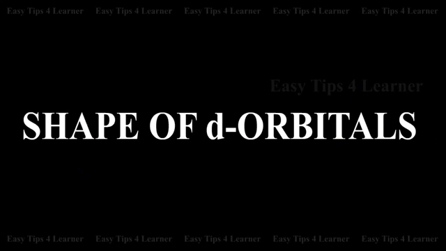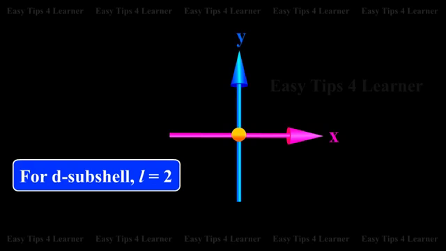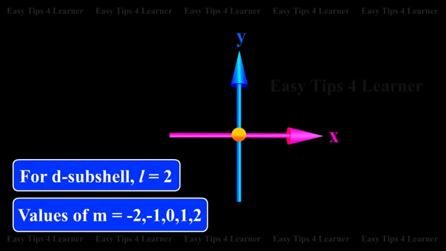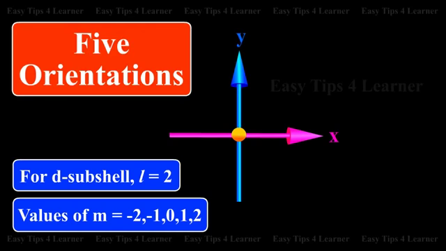Shape of d orbitals. For d subshell, l is equal to 2. There are 5 values of m, namely -2, -1, 0, 1, 2. It means d orbitals can have 5 orientations.